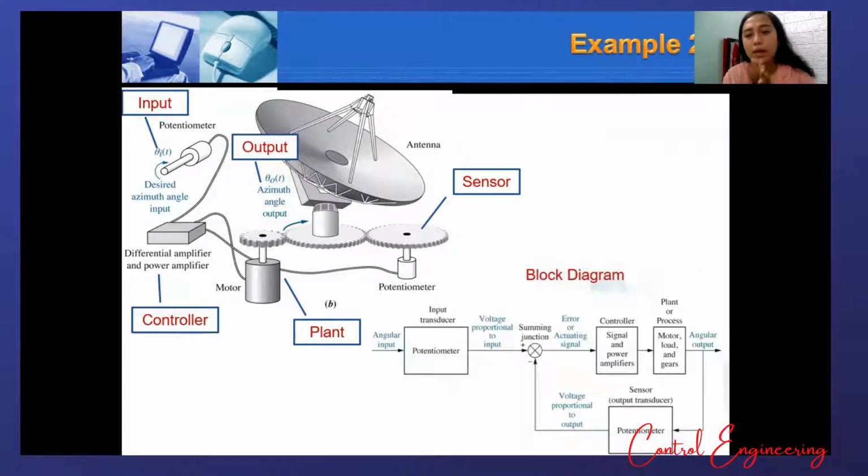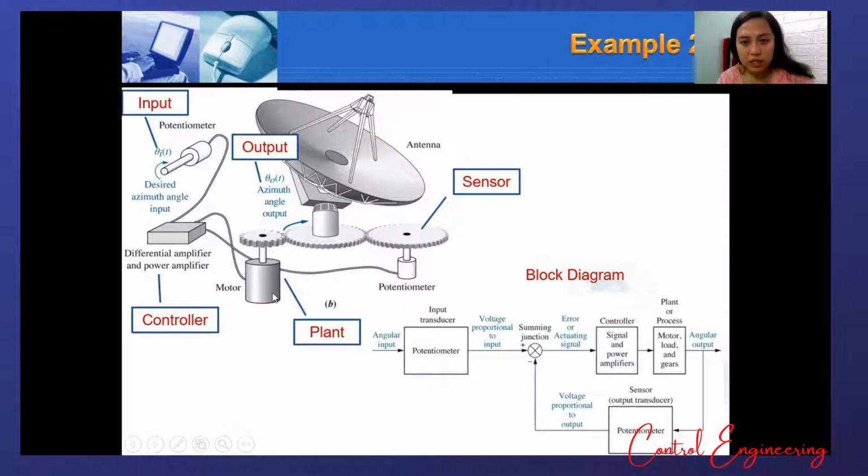So, kapag ginawa natin siya in a block diagram, yung angular input going to the potentiometer, that's the input transducer, going to, makikita natin dito, the voltage proportional to input, going to summing junction, okay? Then, magkakaroon ng mga error or actuating signal going to our controller, that's the signal and power amplifiers, going to the motor load and gears.